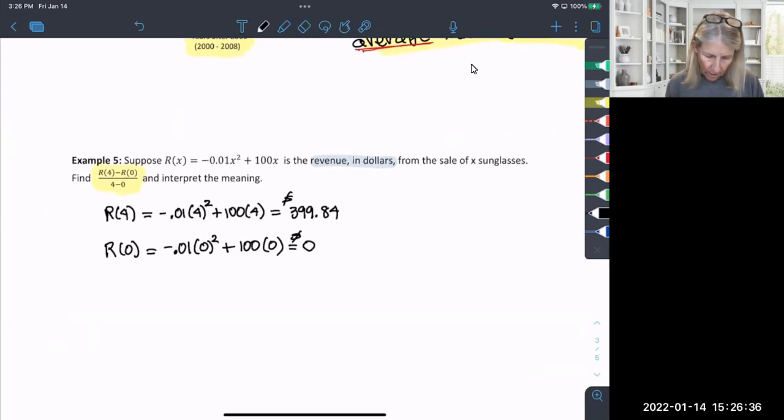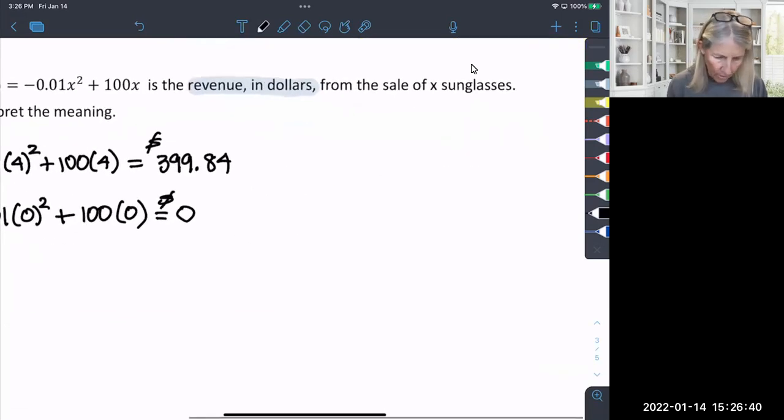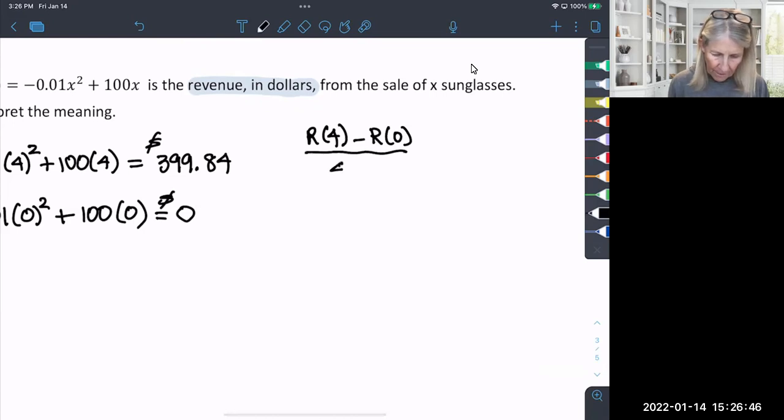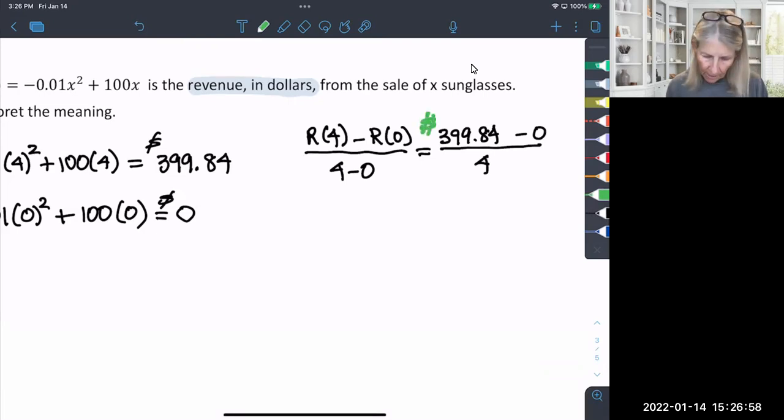Okay, so let's run it through the formula. All right, here it goes. Let's do that. R of 4 minus R of 0 over 4 minus 0. So we have this 399.84 minus 0 over 4. And remember, we said the units are going to be dollars here, and on the bottom, sunglasses.